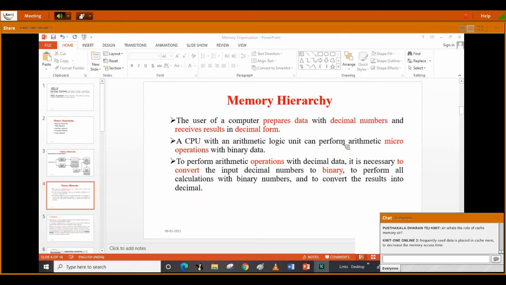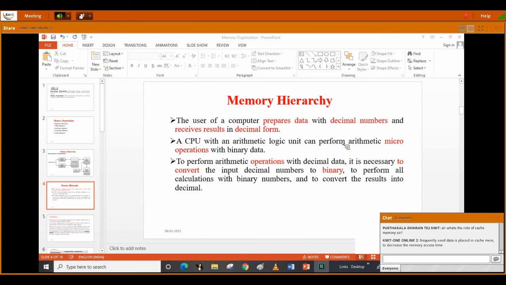Here, consider the use of a computer: perhaps data in decimal numbers, and the result is also in decimal form. A CPU with an arithmetic logic unit performs arithmetic micro-operations with binary data.